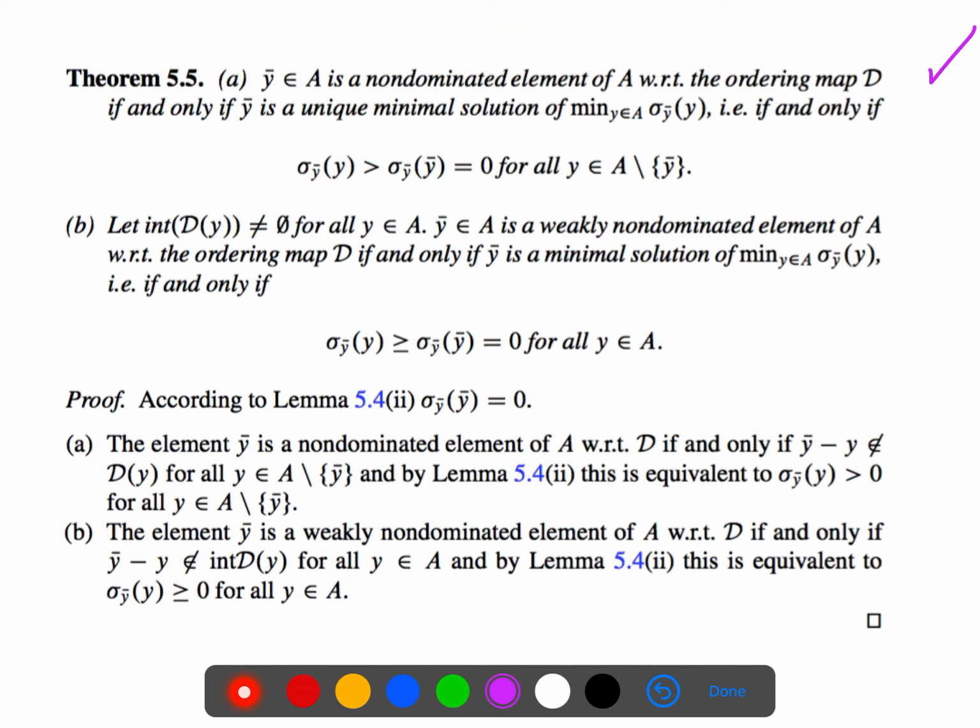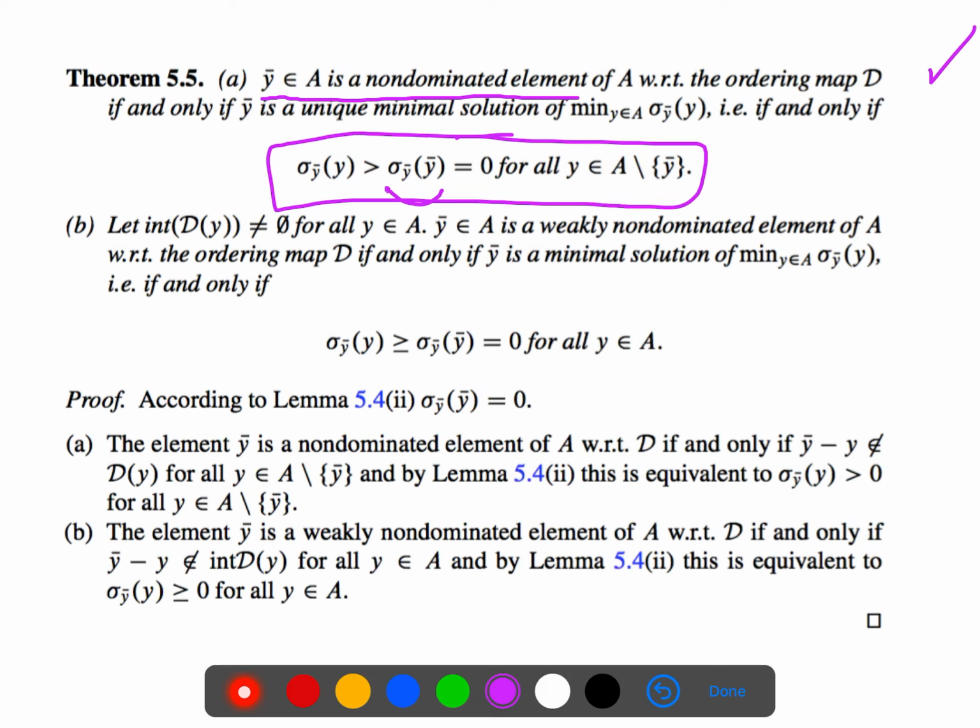And this is a very important theorem, and we will use it in lecture 7, which is the last lecture about numerical algorithms. You see, if y bar is a non-dominated element, then the value of your functional becomes the smallest and equal to 0.